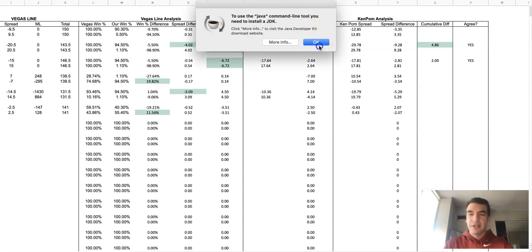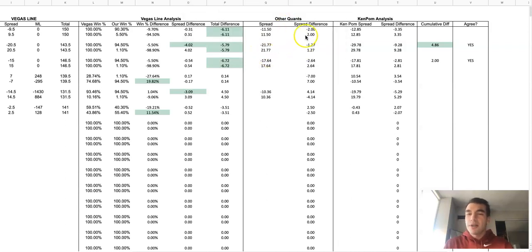And so I've selected a few quants that I like, that are predictive, that have solid ratings, and compare their spreads. And then I have one for Ken Pom alone, because he's the master of analytics, and I want to make sure that he and I are on the same page on a play.